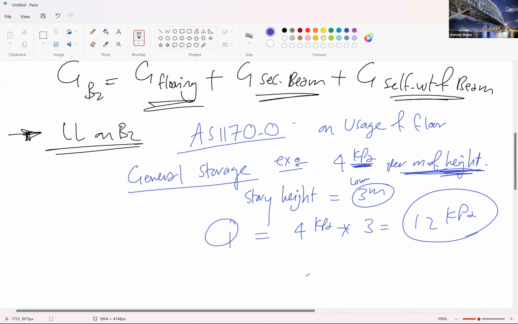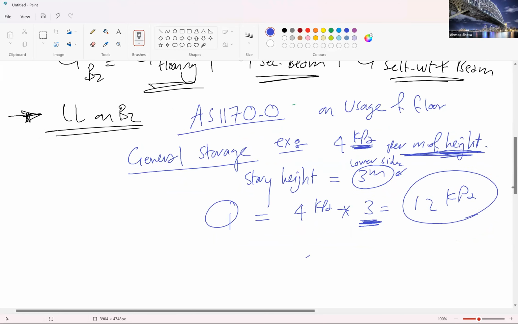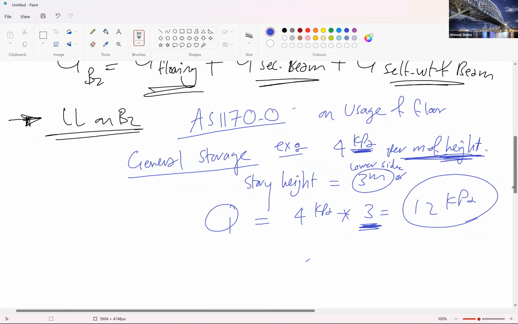Yeah, the lower side. But the idea is this 3 meters is not the load width, it's just a multiplication, because it is like density. So each meter has 4 kPa. If it's 3 meters, 12; if it's 4 meters, 16, and so on.